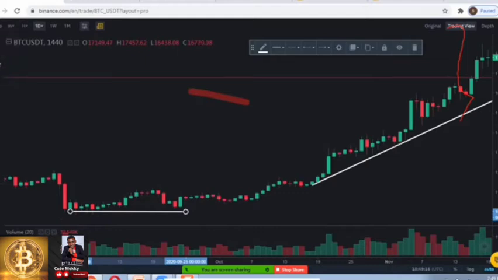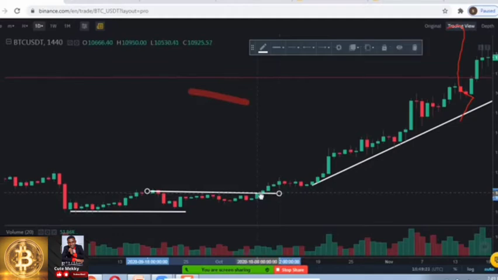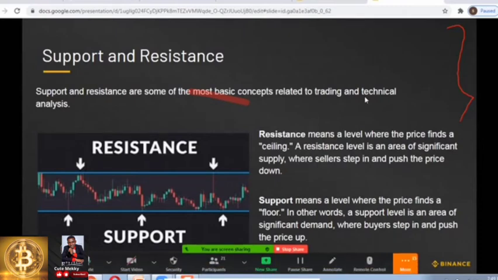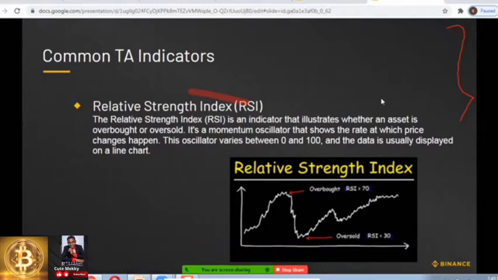Then if you look here, we have resistance. Price was resisted here, and then after it breaks and moves up, retests and goes up. So resistance is where price finds a ceiling before it comes back down, and support is where it finds a floor that raises the market up. So resistance and support level is what you should not take lightly. Put it into consideration. Now the next one, we'll be looking at a few technical indicators.